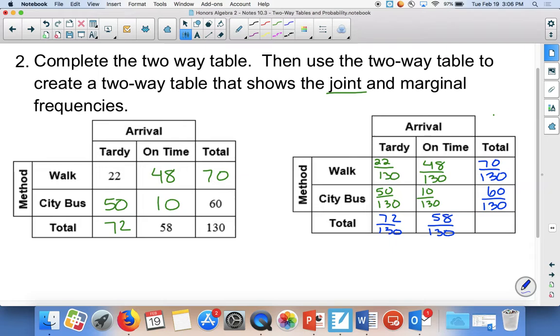Now don't forget about that very last box. And that very last box should always, always be 1. Why? Because I take 130 out of 130. So it should always be 1 for that very last box. Okay? So that's just putting together your joint frequencies and your marginal frequencies.